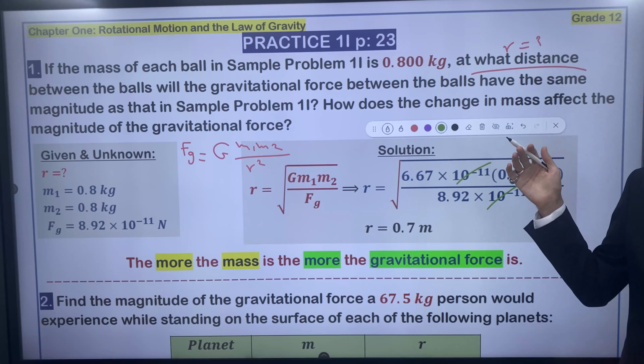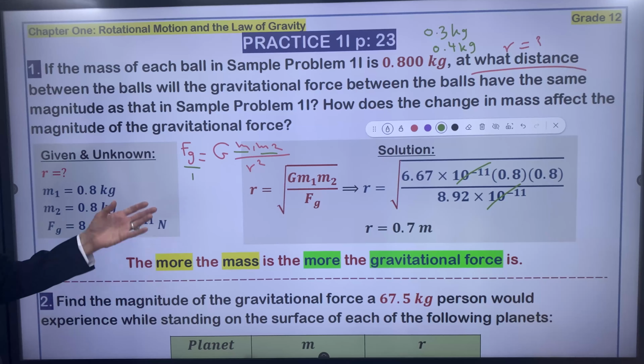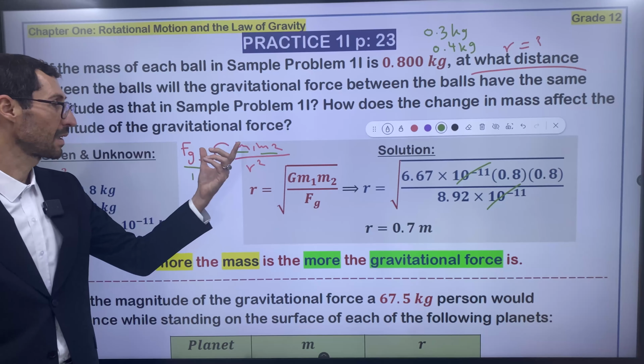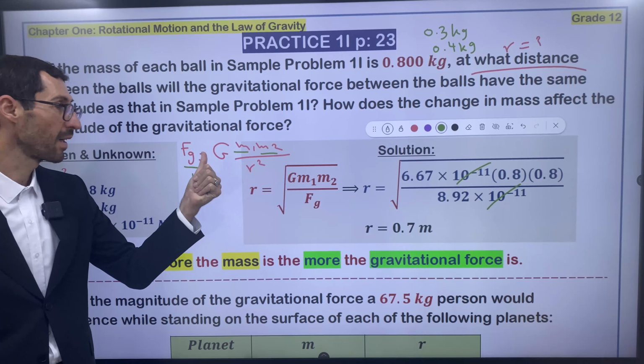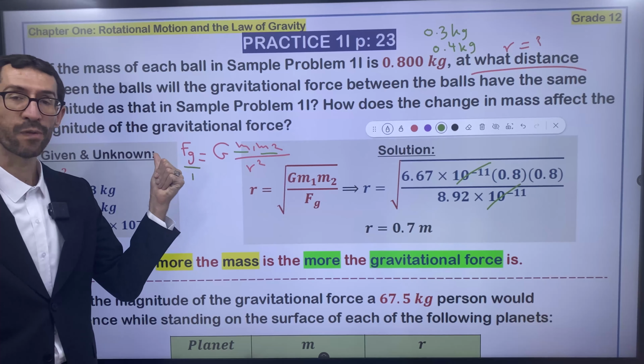It's directly because Fg and M1 and M2 are all in the numerator. That's why we can say the more the mass is, the more the gravitational force. This is the answer of the second part. Or mathematically, I can say Fg is directly proportional to mass.